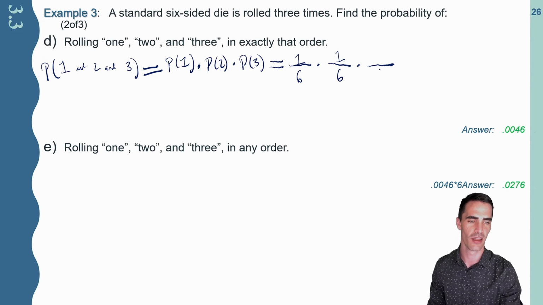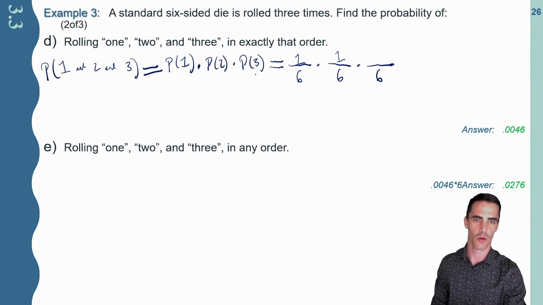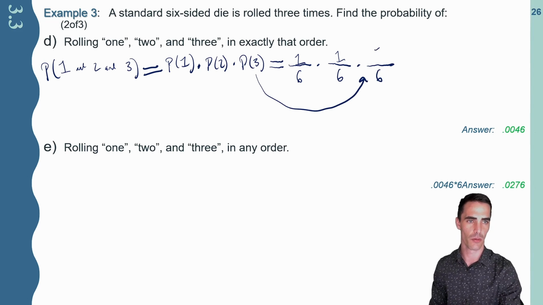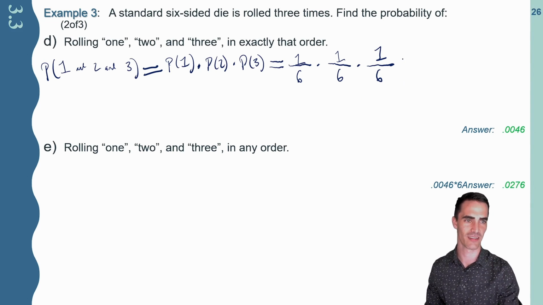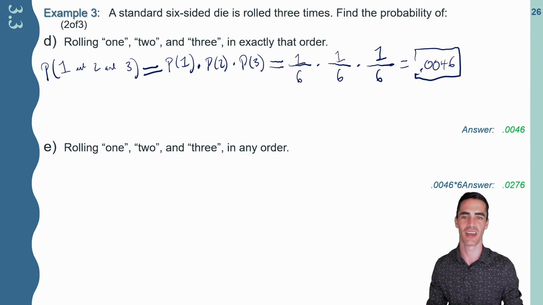Maybe you can see the pattern. What's the probability that when I roll that die, it comes up a 3? Well, there's only 1 three. And so all of these events, although different, have the exact same probability, 1 divided by 6. If you multiply all these 3 together, you should get 0.0046. Not likely, probably not going to happen.